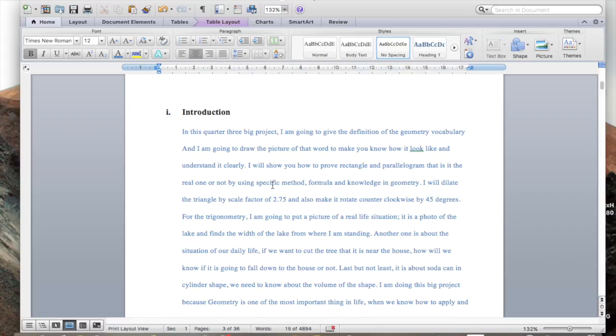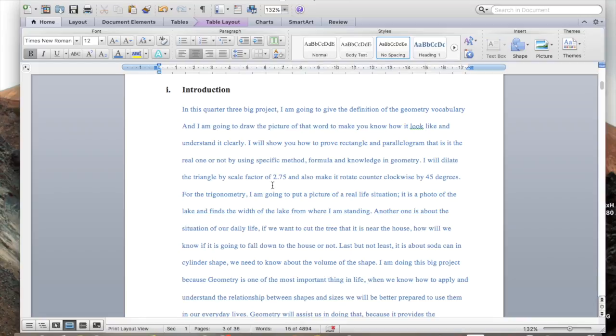And I'll dilate a triangle by a scale factor of 2.75 and also rotate it counterclockwise by 45 degrees. And there's one task where we have to put in a real life situation and solve it.